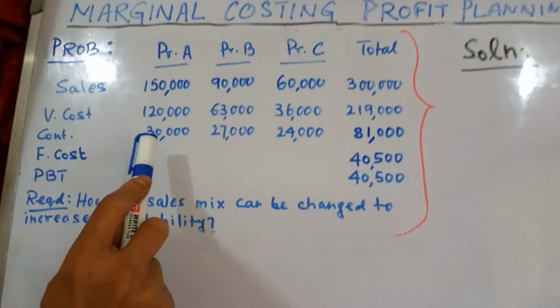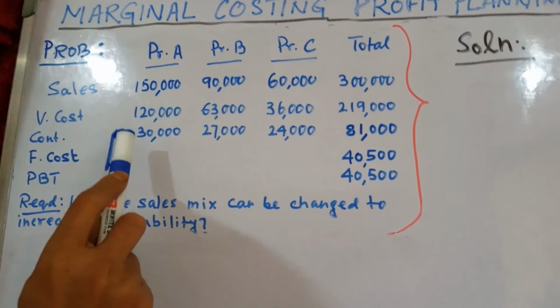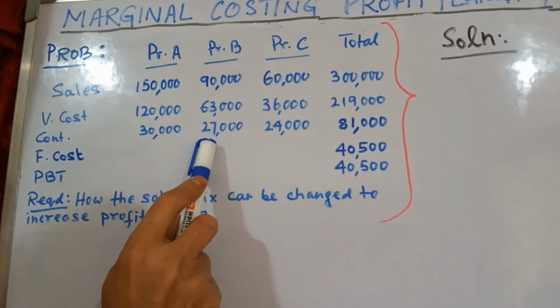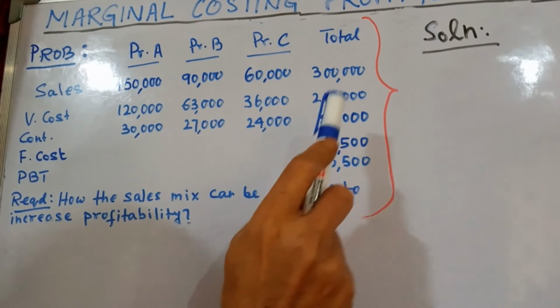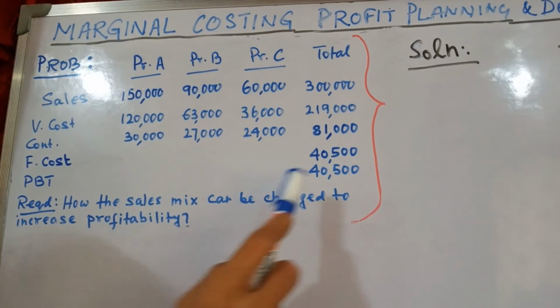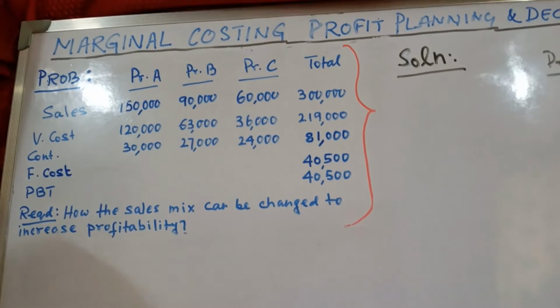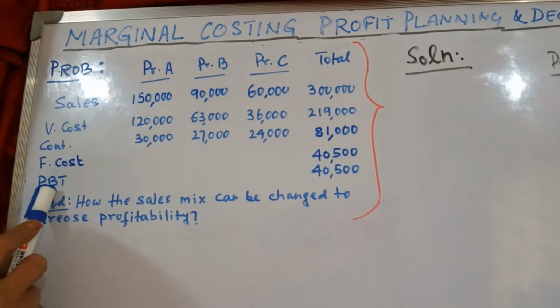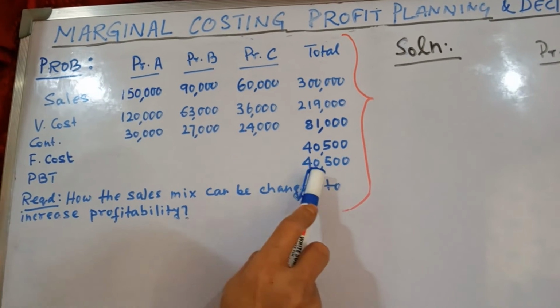Contribution per product is 30,000, 27,000 and 24,000, and total is 81,000. The total fixed cost is 40,500, and profit before tax, that is the net profit, is 40,500.